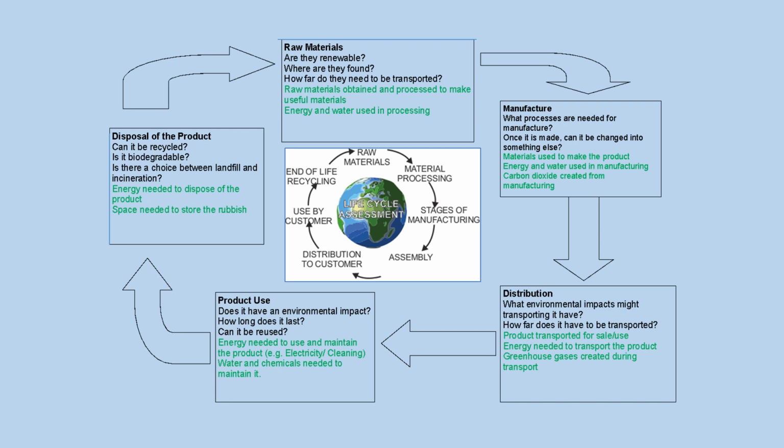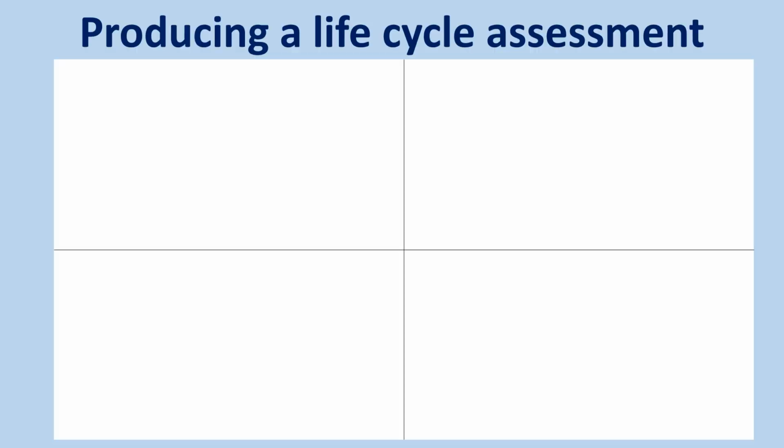Manufacture, what processes are needed for manufacturing? Distribution, environmental impacts of that. Product use, how long does it last, does it have an environmental impact, can it be reused, and disposal of the product. Can it be recycled, is it biodegradable, and so on.